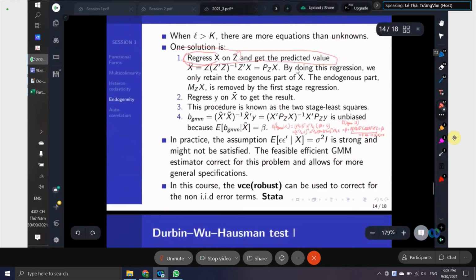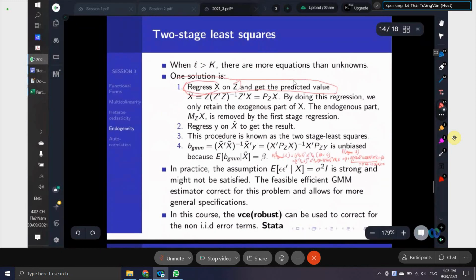Okay, so basically I say it again: when assumption number 3 cannot be satisfied, the X are endogenous, meaning that if you know the X, you change your prediction about the error term.